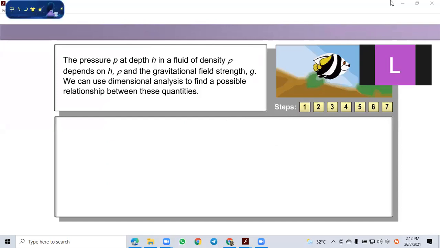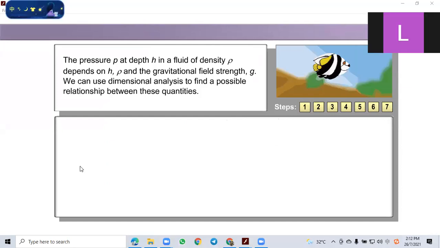Now, look at the question. The pressure P at the depth h in a fluid of density rho depends on h, rho, and the gravitational field strength g.